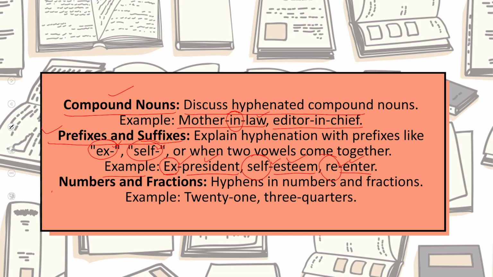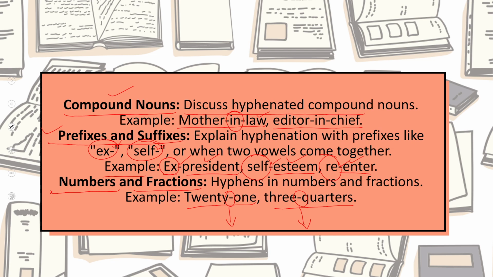Now, we also use hyphens for numbers and fractions. For example, 21 is a number. When we are writing it in words, in spellings, we will use our hyphen in the middle. Three-fourths, this is a fraction written in alphabets, in letters. Again, we are using the hyphen punctuation mark in the middle.